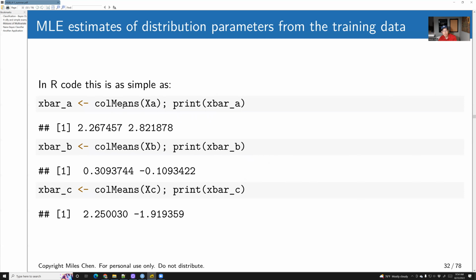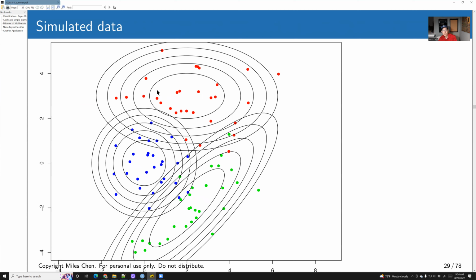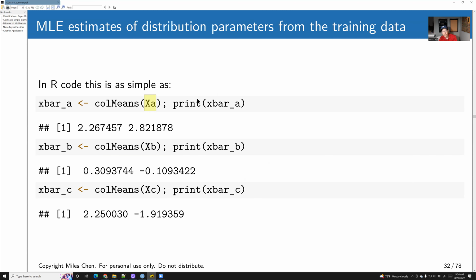All right, so for the observations that belong to class A, the red observations, what's the mean in X1 and what's the mean in X2? And it says your mean in X1 is 2.267 and the mean of X2 is 2.82, right? Now, the true values that generated the data, we had a mean of 2 and a mean of 3, and we're getting close to that, but not exactly that because of randomness, right?